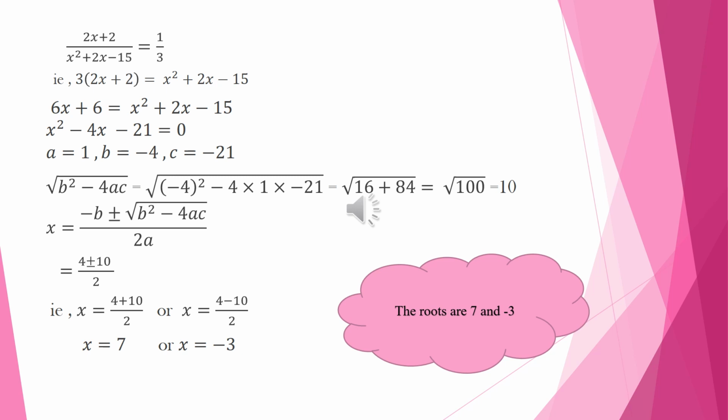Here we have a is equal to 1, b is equal to negative 4, c is equal to negative 21. Finding b square minus 4ac and root of b square minus 4ac, we have it is equal to 10. Applying the quadratic formula, negative b plus or minus root of b square minus 4ac by 2a, we obtain the answers 7 and -3. Therefore, the roots of the quadratic equation are 7 and -3.